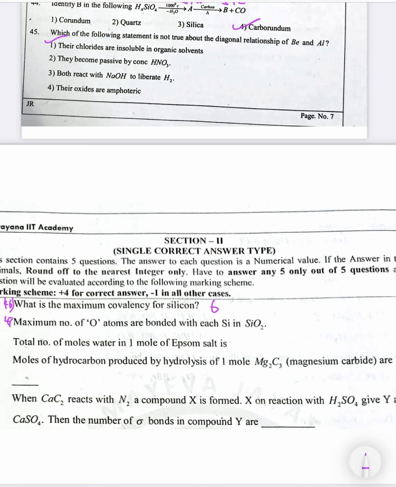47th question: the maximum number of oxygen atoms bonded with each silicon in the SiO2 structure is? Maximum how many? 4. How do we know? The structure is Si, O, Si, O, Si, like this; it will expand, silica structure.